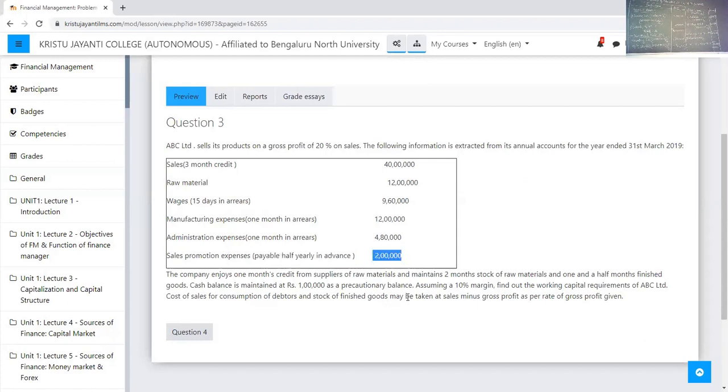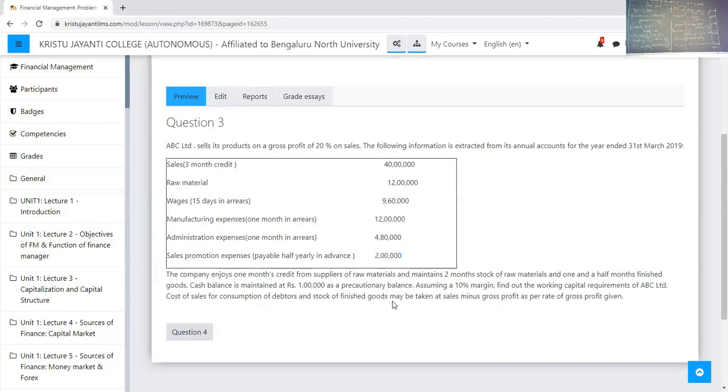So that is considered to be a current asset. So whenever you read the question, please be very careful. It is an expense, but it is already payable in advance by the company. So let's say tomorrow I am incurring the expense. Today itself I have already paid. So my tomorrow's liability I need not pay, because today itself I have set aside the amount to be paid. So it is a part of your current asset.